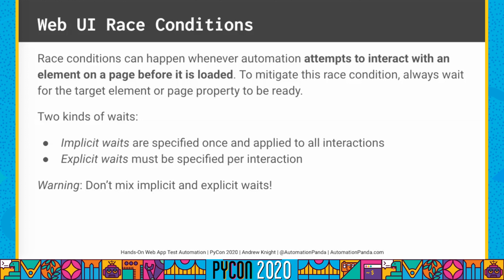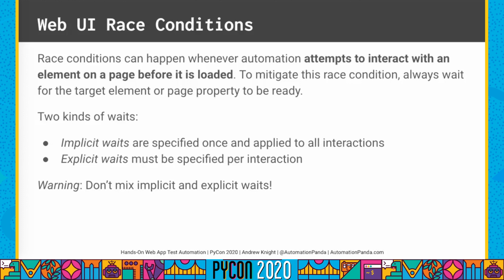There are two kinds of waiting that we can do. We can do implicit waiting or explicit waiting. Implicit waits are specified once and applied to all interactions. Our solution has an implicit wait that we set when we initialized the WebDriver instance. Implicit waits are good for small projects where there's not too many interactions going on, or where most interactions will roughly take the same amount of time.